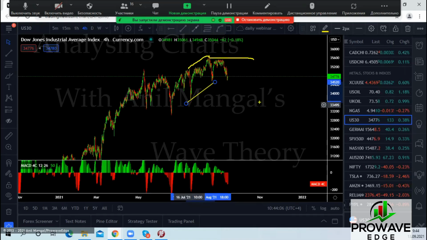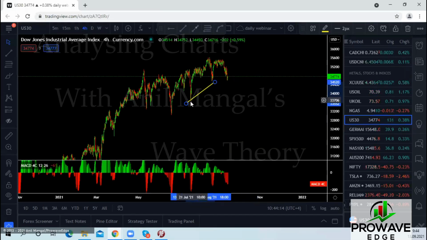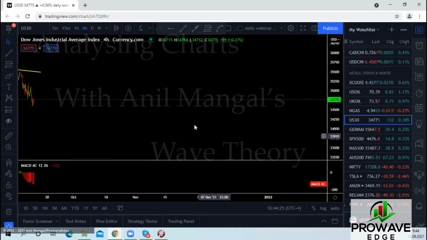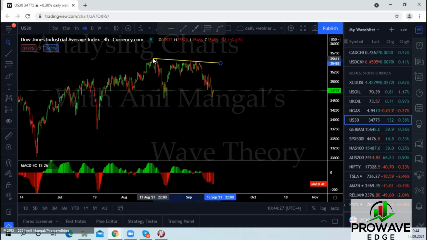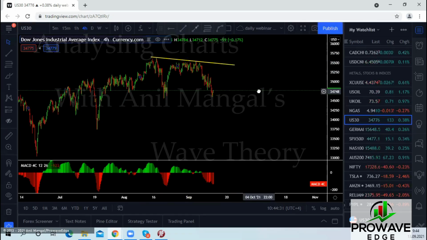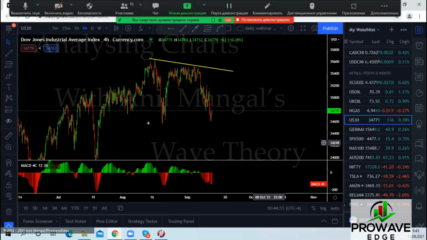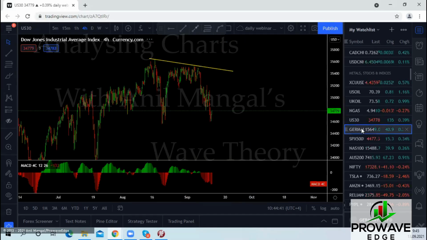See? So it's most likely we're making a flat here. We'll go back up. Come back, then we'll make a more complex pattern. And we're breaking this low already. So we can start to look for the upside. Next.